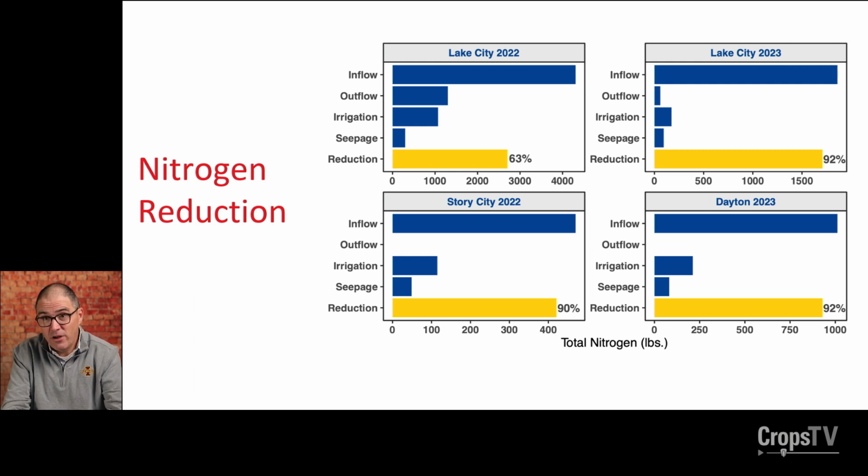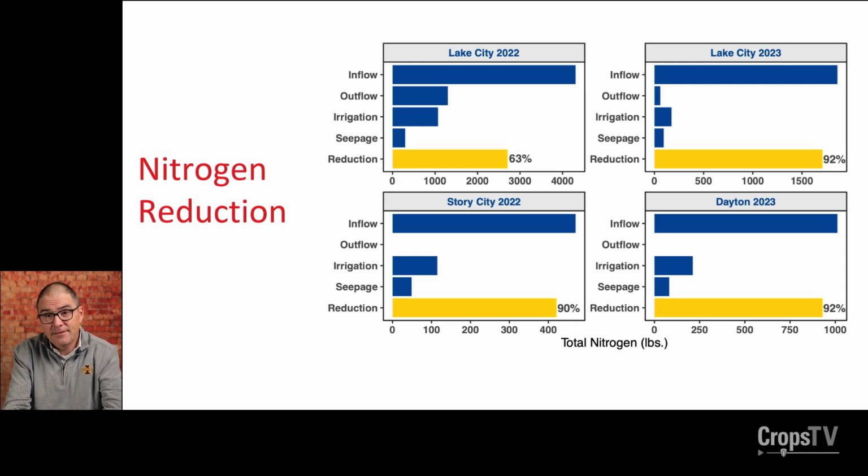For 2023 at Lake City, the percent reduction was even greater, where 2022 is a 63% reduction, 2023, 92% reduction. But you'll notice the total pounds reduced were greater in 22 than 23. So we had about 2,600 pounds in 2022, whereas about maybe 1,600 to 1,700 pounds in 2023 at that site. But anyway, it ranges from a 63 to 92% reduction in delivery to downstream waters.